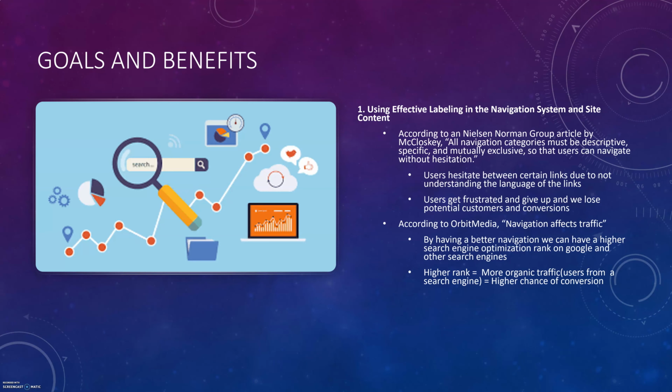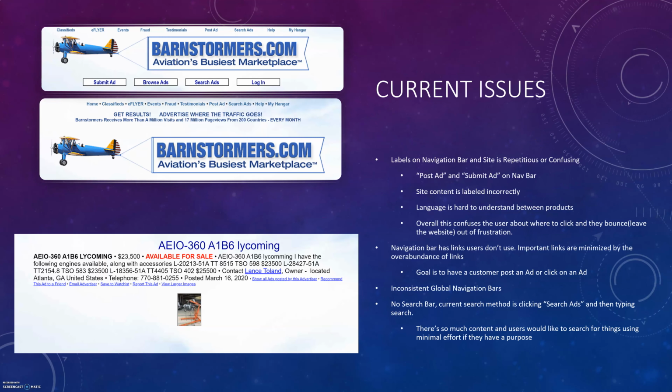So, goals of the redesign. Our first goal is using effective labeling in the navigation system and in the site content. The navigation system must be descriptive, specific, and mutually exclusive so that users can navigate without hesitation. This is basically, like we saw before, the post ads and submit ads.